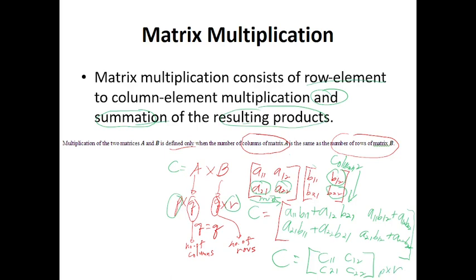Ilang rows ang P dito? Dalawa. Yung R dito ay columns. Ilang columns yung matrix B? Dalawa din. So, 2 by 2 nga ito.